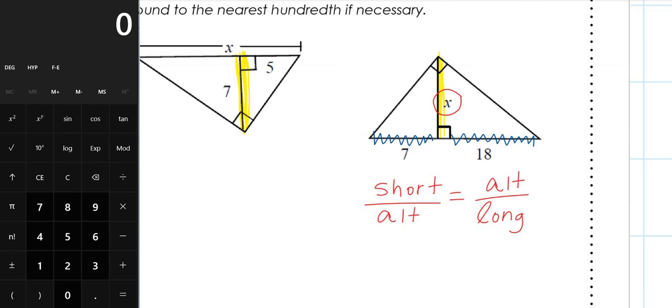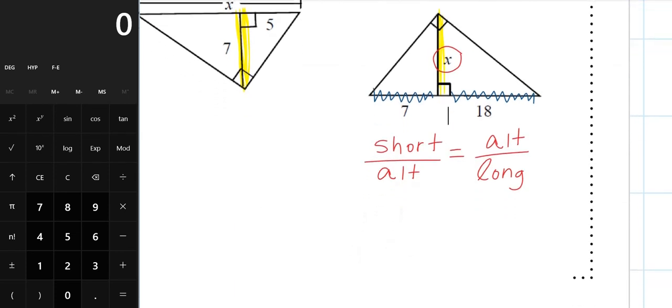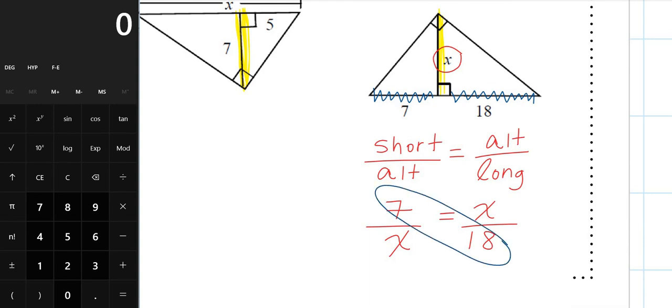Now, let's go ahead and plug in. My short is the 7. The altitude is x. And the longer part of the hypotenuse is 18. We're going to go ahead and cross multiply. So 7 times 18.